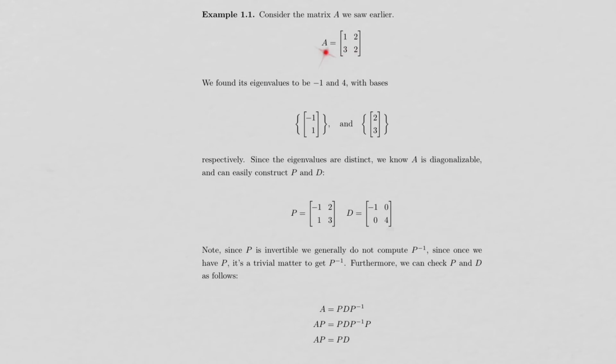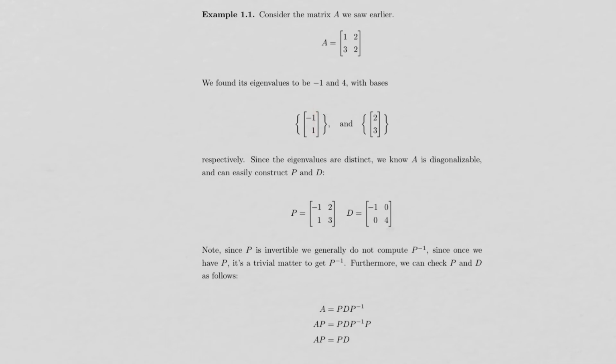We're going to do something to A and turn it into something else that is a diagonal matrix. That's not what we do when we diagonalize A. When we diagonalize a matrix, you can really think of it as factoring. We're going to factor A as P times D times P inverse, where D is a diagonal matrix. So in practice, when you diagonalize a matrix, really what you're doing is you're finding P and you're finding D. And the diagonalization theorem tells us how to do that.